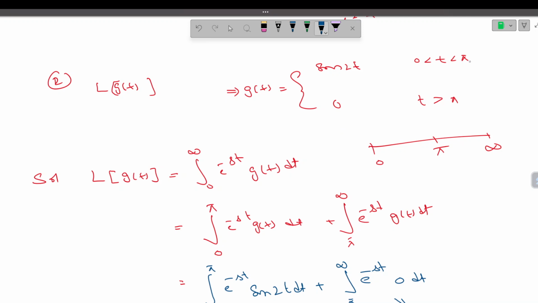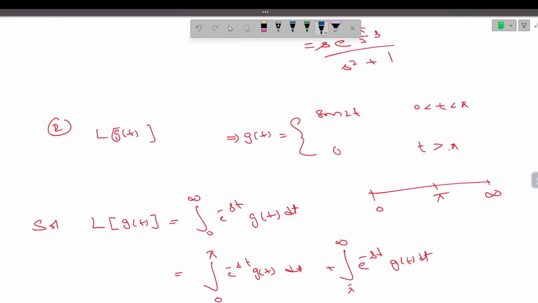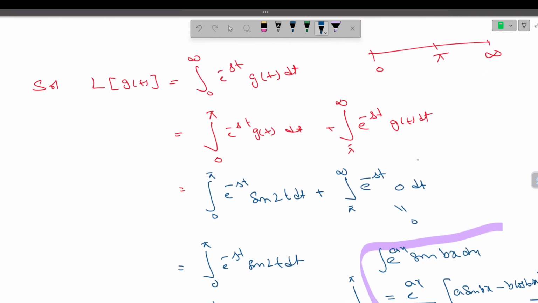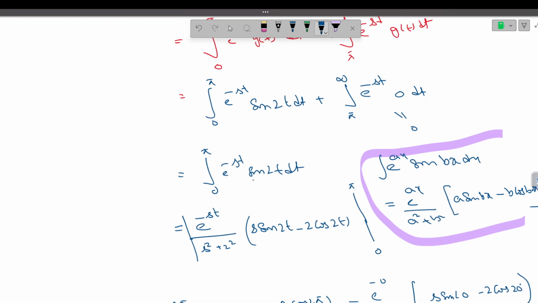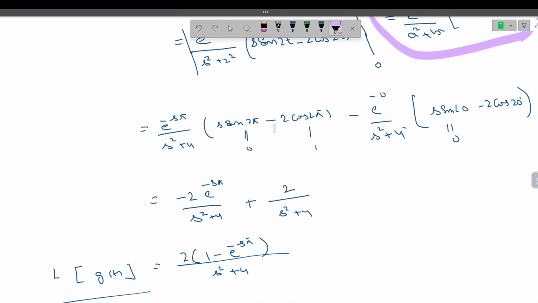From 0 to pi it is sine, so we have written sine. From pi to infinity, t is greater than pi, it is 0, so this is gone. From the integration of trigonometric functions, we got this result. We are using the result, substituting the upper and lower limits, and simplifying.